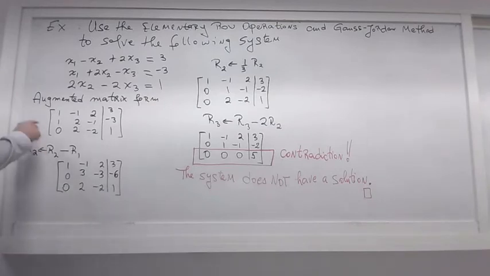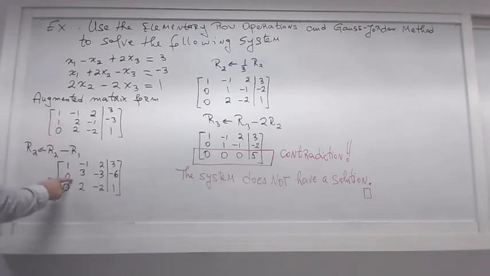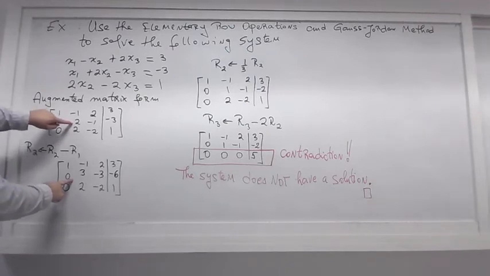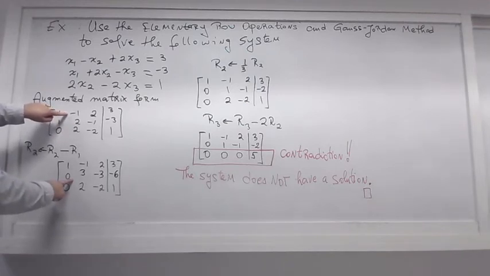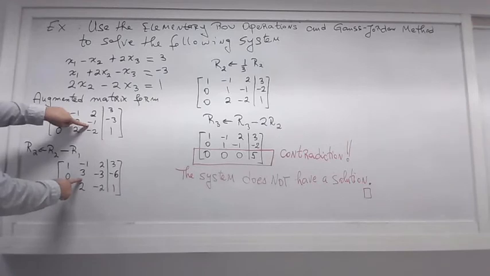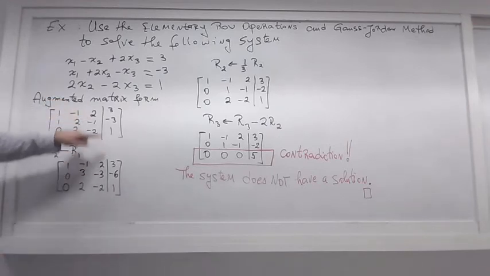How do we do that? We replace row 2 by row 2 minus row 1. If I do that, I'll get 0 here. So 2 minus 1, so 2 plus 1 is 3, -1 minus 2 is -3, and -3 minus 3 is -6.